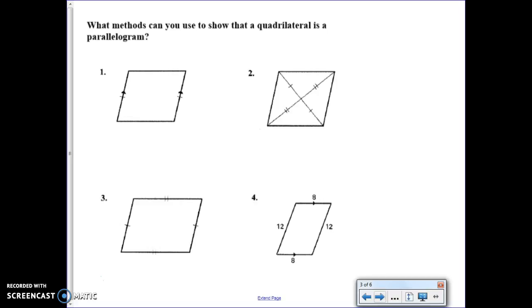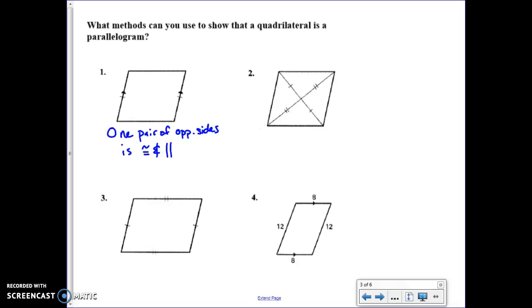So our answer here on number 1 is that one pair of opposite sides is congruent and parallel. Notice I'm using some symbols there. I'm shortening it. You can write it all out if you want.